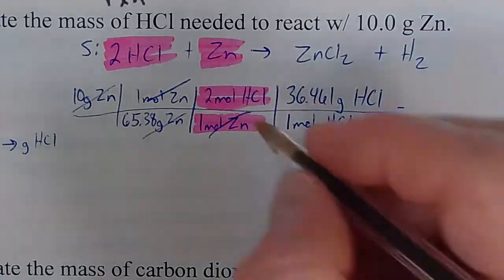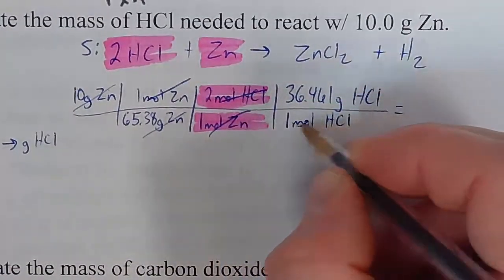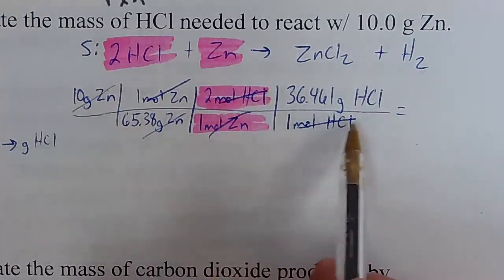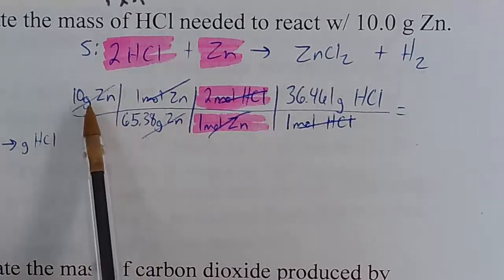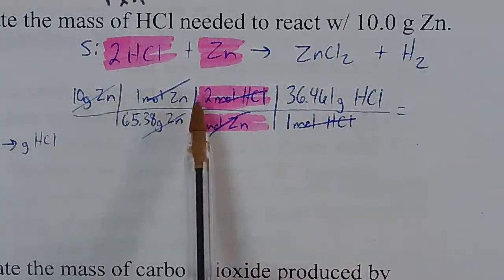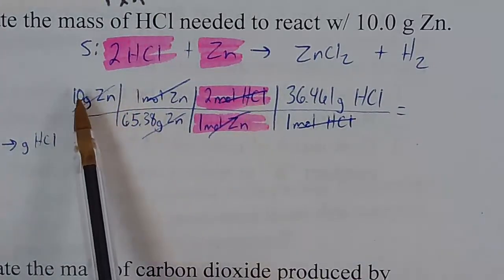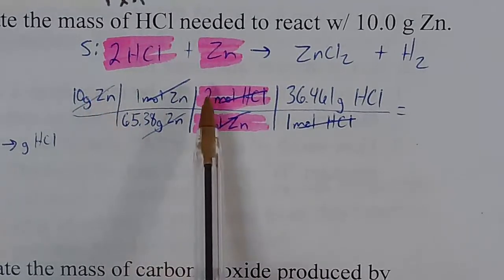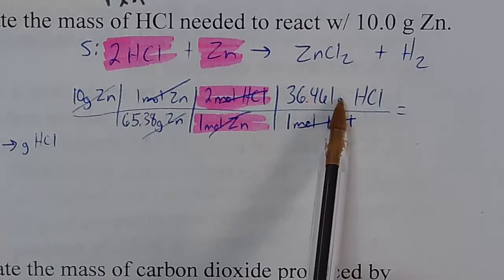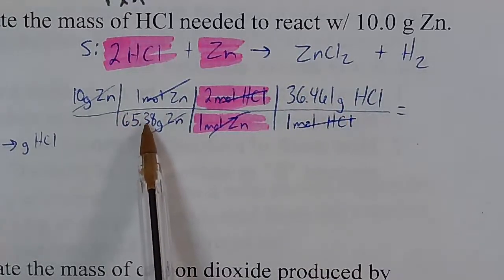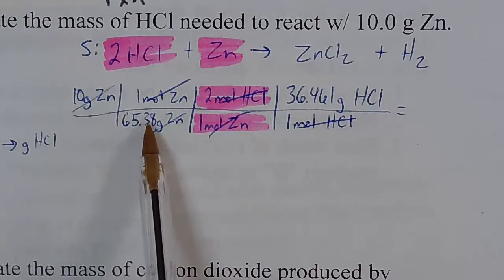All right. So, anyways, now we can cancel out the units, moles of HCl. Notice I didn't cross out any numbers here. So when you put this in your calculator, you can omit the ones, but we're going to multiply 10 times 2 times 36.461, and then divide by 65.38.